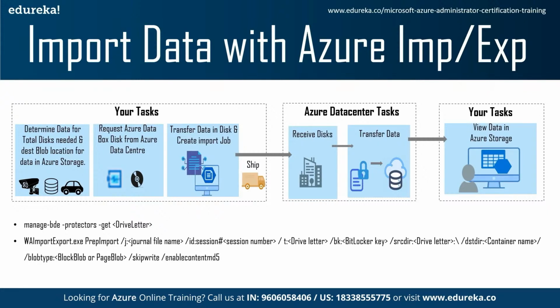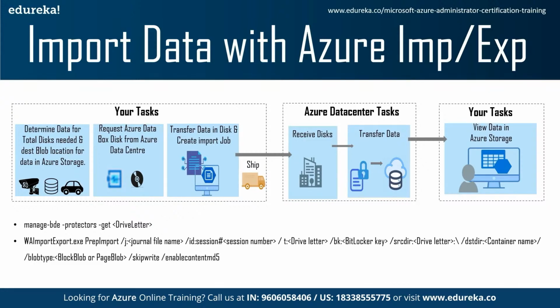Then there will be the drive letter, for the drive you are going to upload to the cloud, just like I explained, local disk C, then D, then F. Then you have to give the BitLocker key that will also be generated through the WA Import/Export tool. And then again, the source directory drive letter you have to give, and the destination directory container name you have to give.